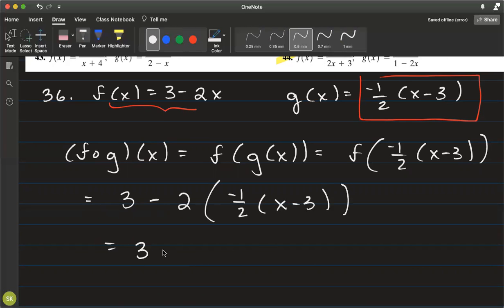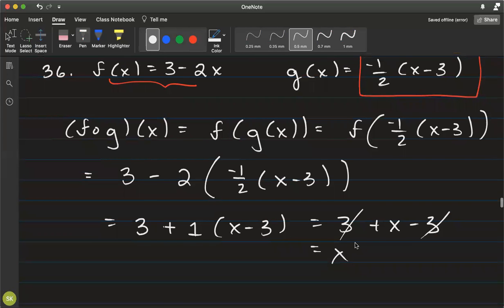I'm going to send in this negative 2. If I send it in, this negative 2 and this negative 1/2 becomes a plus 1, x minus 3. So this is just 3 plus x minus 3. These cancel, and I get x, which is what I wanted.